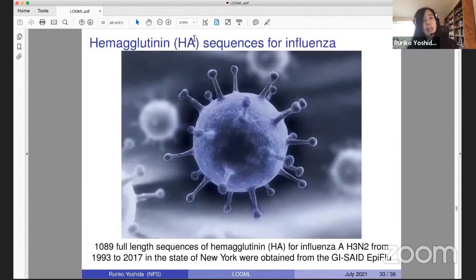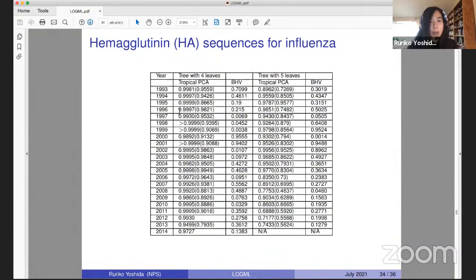All right, and also we applied this to the influenza data set. This is a big data set. It's really gigantic. About, I think, 20,000 trees for each year. So we have 1993 to 2017. We collected influenza flu data in the state of New York. So that's what we did, and we got a fairly good result. This is compared against the BHV and PCA.